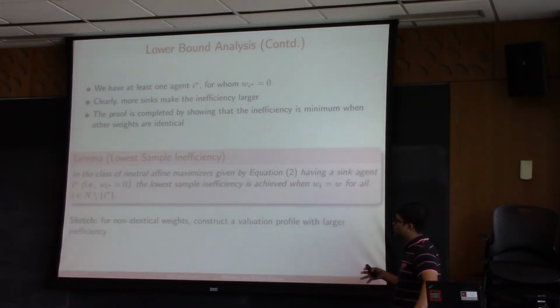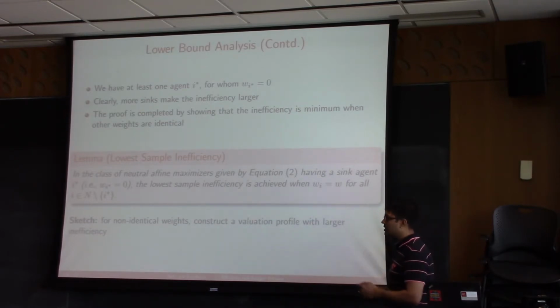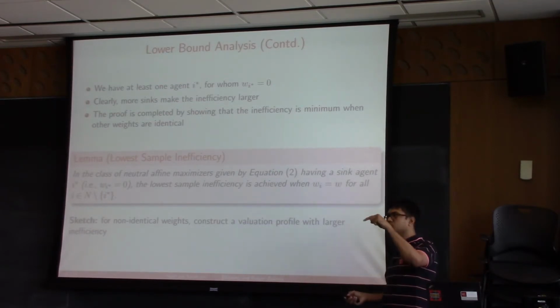So now to complete the proof, we'll have to say something about what happens to the weights of the other agents. And this lemma says that the lowest sample inefficiency will be found when there is exactly one sink node and the weights of all the other agents are equal. So in other words, it's actually pointing towards the mechanism that we discussed in the beginning.